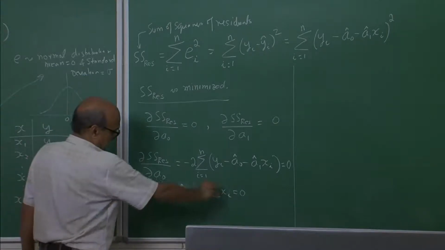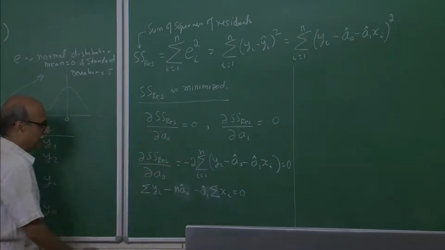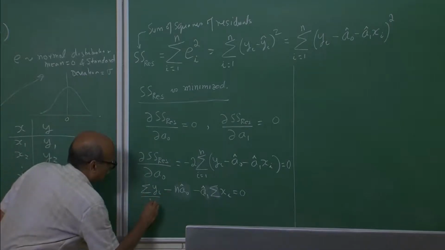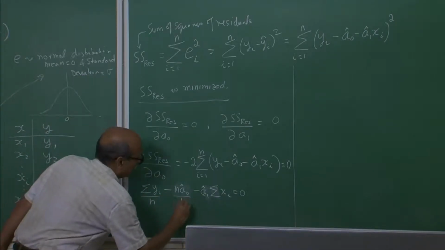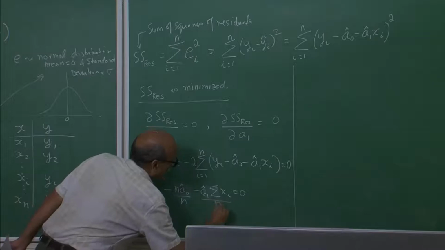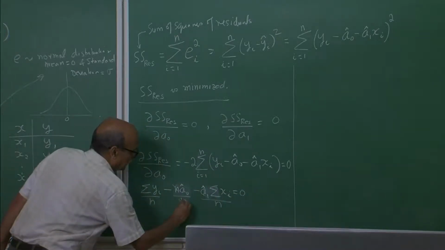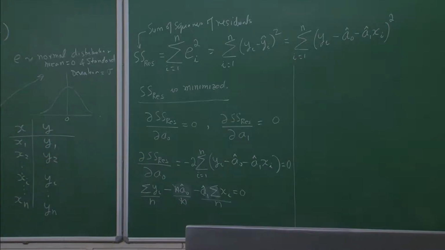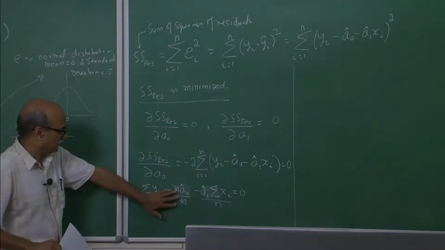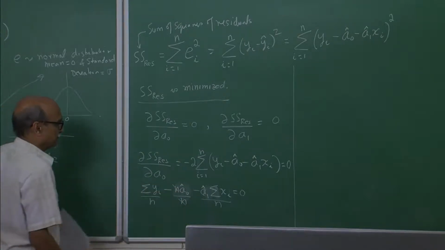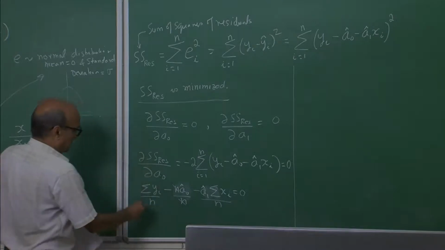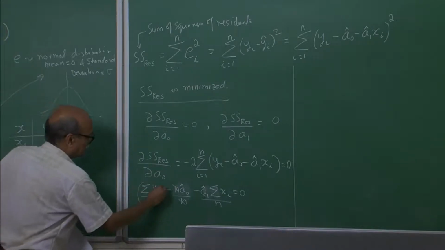Then I can divide this entire equation everywhere by n. So, I divide this by n, here by n, here by n, and the right hand side remains 0. So, these n's will cancel, and what I am left with is this term.